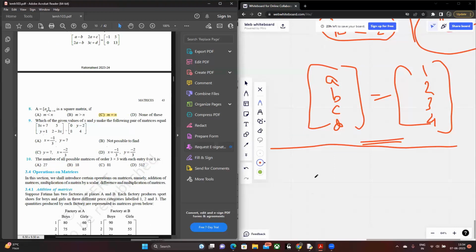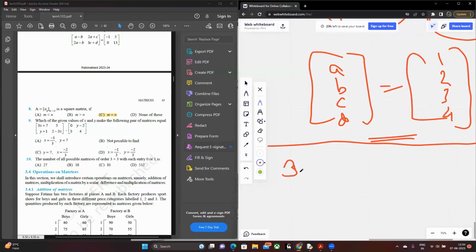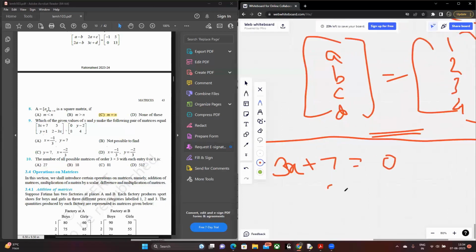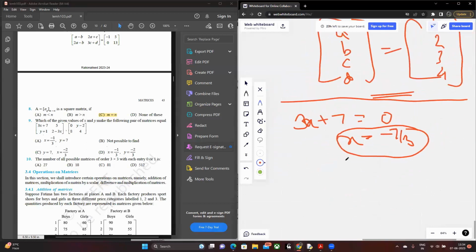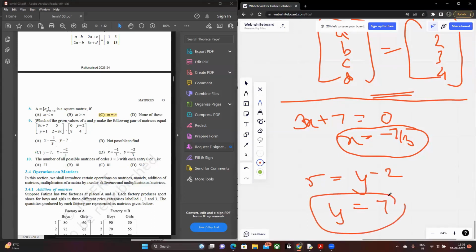So over here we have 3x plus 7 is equal to 0, which means x is equal to minus 7 by 3. And we have 5 is equal to y minus 2, or y is equal to 7.